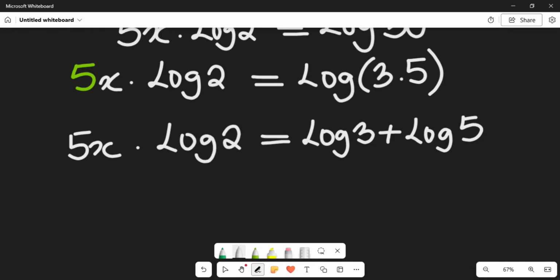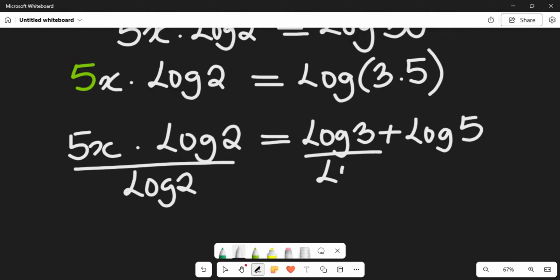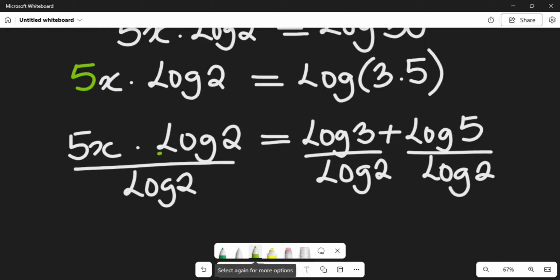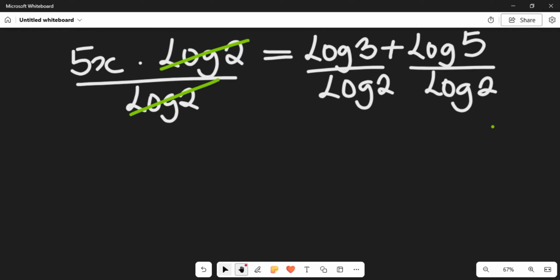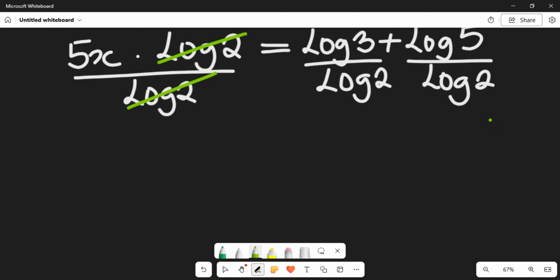Now, from this expression, you can see that we can now find the value of x easily. If we divide both sides by the log of 2, divide here by the log of 2, divide here by the log of 2, from this expression, you see that log of 2 will easily cancel out the log of 2, and log of 2 cancels out the log of 2.